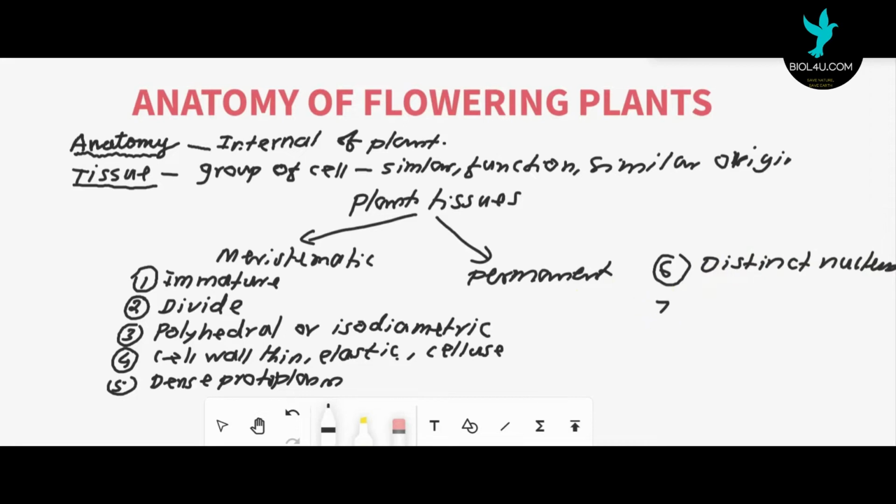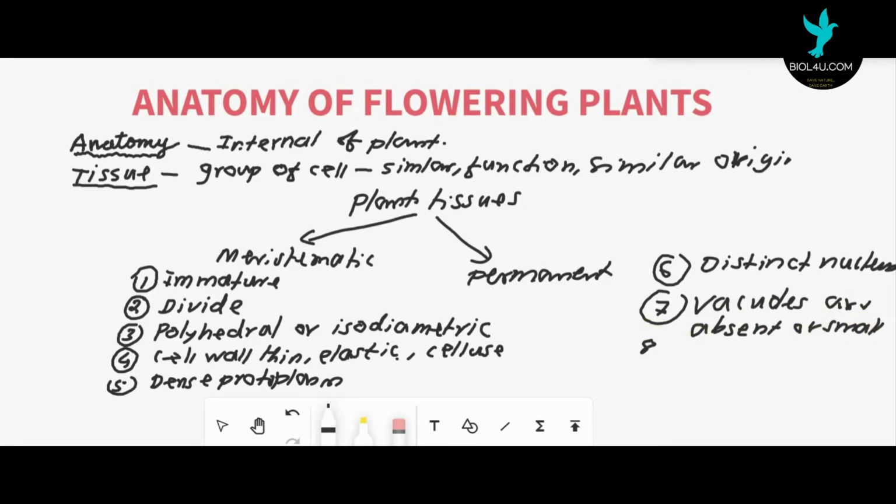And one more property is that vacuoles are absent. Actually, the plant cell contains a large vacuole, but here the vacuoles are absent. There is no vacuole, and if a vacuole is present, it is very small. This is another character of the meristematic tissue.